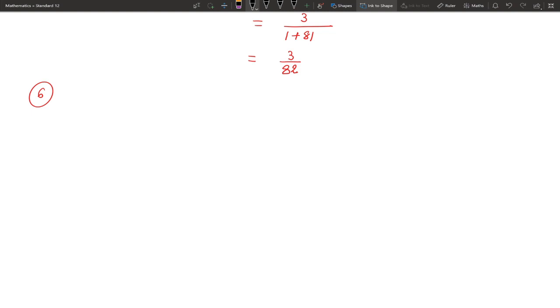Consider the function f of x equal to tan 7x upon 3x if x not equal to 0, and the value of the function is k if x equal to 0.